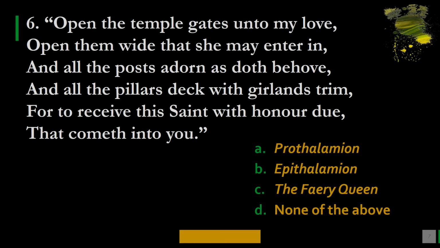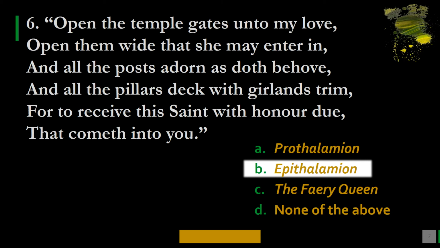"Open the temple gates unto my love, open them wide that she may enter in, and all the posts adorn as doth behove, and all the pillars deck with garlands trim, for to receive this saint with honor due, that cometh in to you." Options are A Prothalamion, B Epithalamion, C the Faerie Queene and D none of the above. And the correct option is B Epithalamion. These lines appear in Epithalamion.